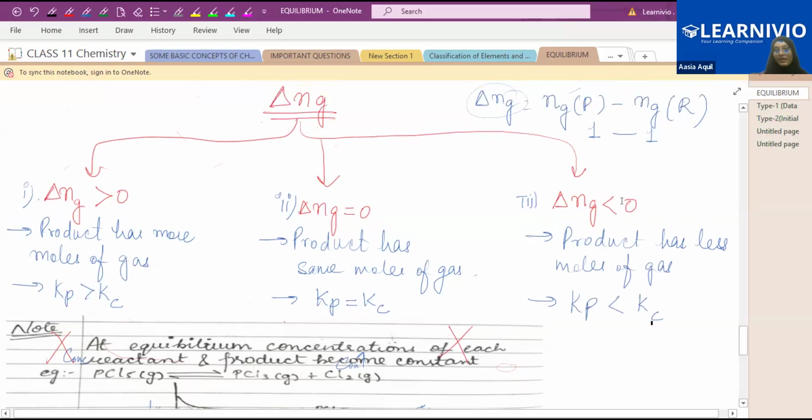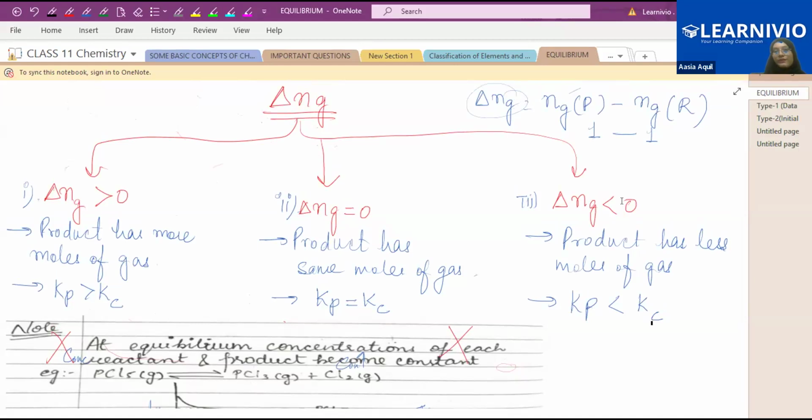Again I'm repeating. If delta Ng value is positive, means greater than 0, the product has more moles of gases, and in this case Kp is always greater than Kc. For the second case, delta Ng value is 0, when the product has the same number of moles of gases as the reactant.